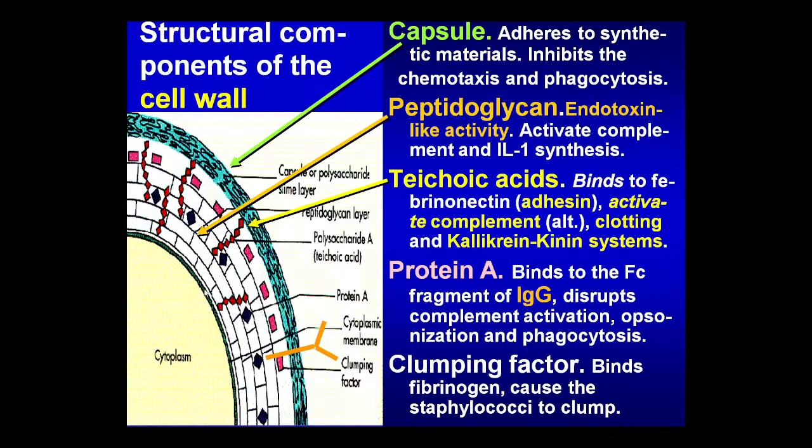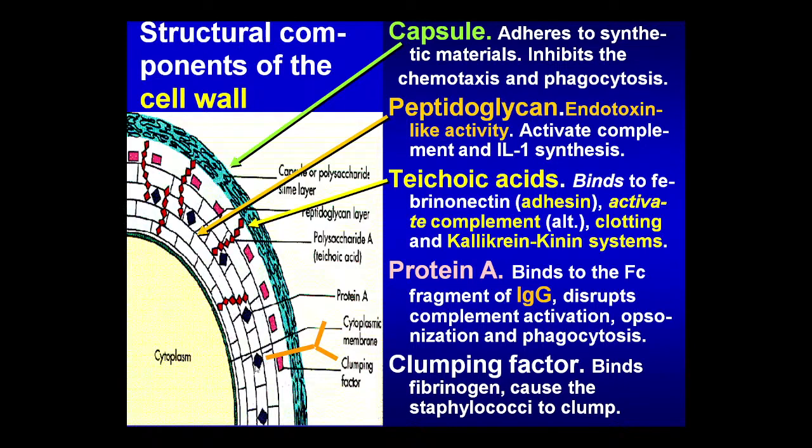So it may activate complement and activate macrophages to produce interleukin 1, so it may cause a very strong inflammatory response in the body. Then we can see teichoic and lipoteichoic acids that bind to fibronectin and act as very strong adhesins. They also may participate in activation of the complement system and also may perform so-called clotting of the kallikrein-kinin system in the blood.